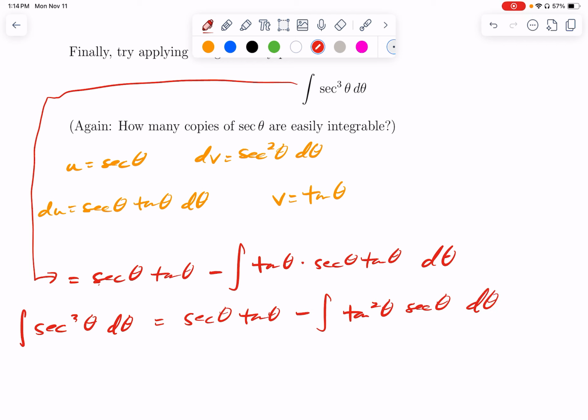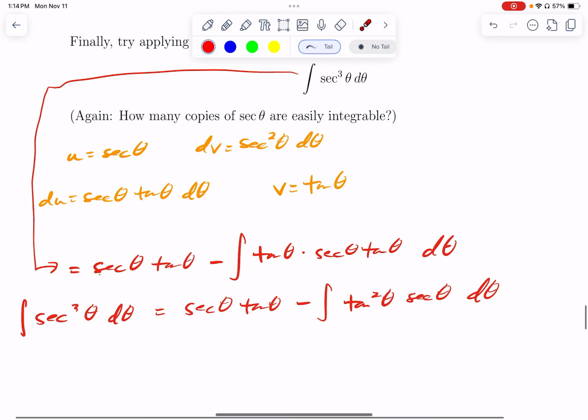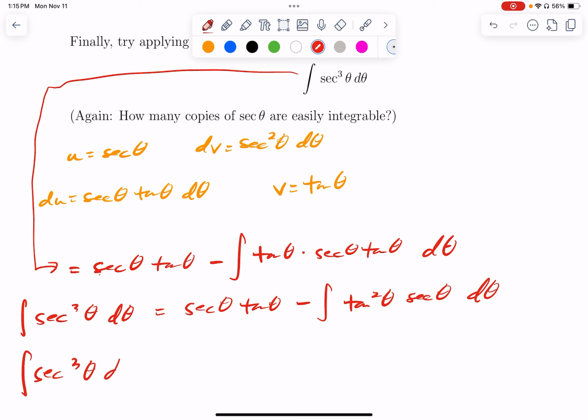And this is where we're going to do another substitution. I'm going to take this occurrence of tan squared and rewrite it in terms of secant squared. I'm choosing to rewrite the whole equation for reasons that may become a little more obvious in a moment.